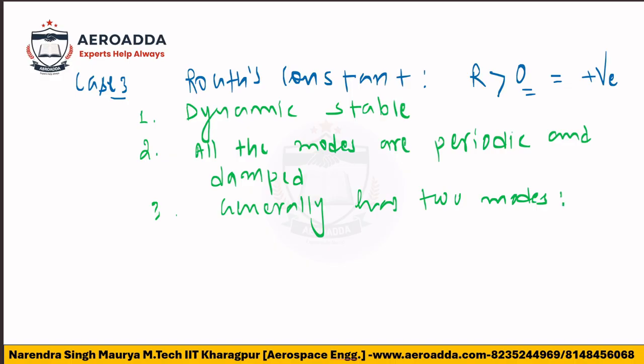Two modes, what are they? Long period oscillation, LPO, that is the phugoid, and SPO, short period oscillation. Long period means phugoid. Always remember, that should not be PM, phugoid motion. And the fourth is very important. Please make a note of it.